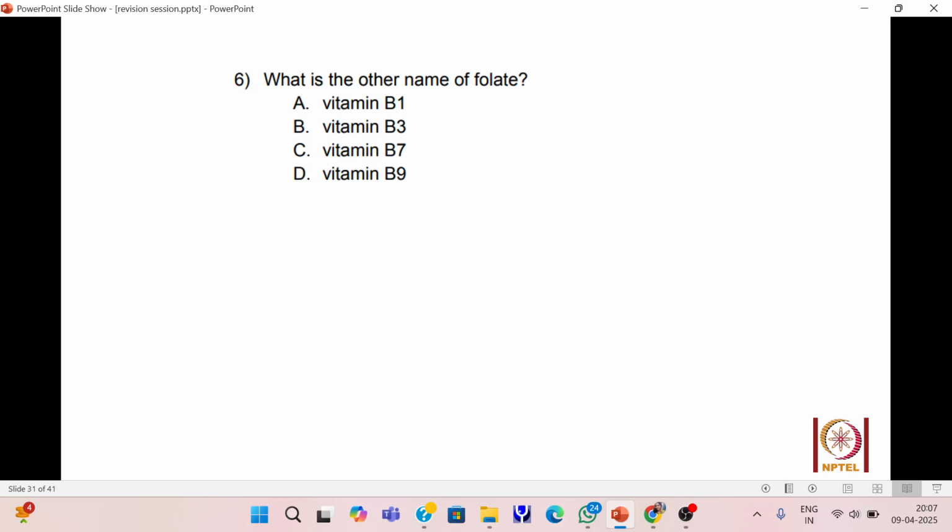Vitamin B1, vitamin B3, vitamin B7, vitamin B9.